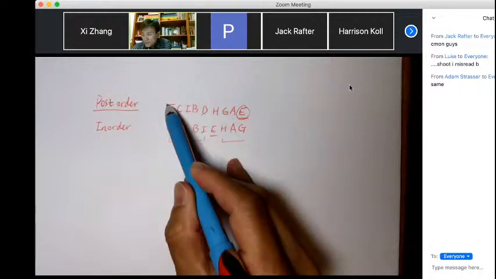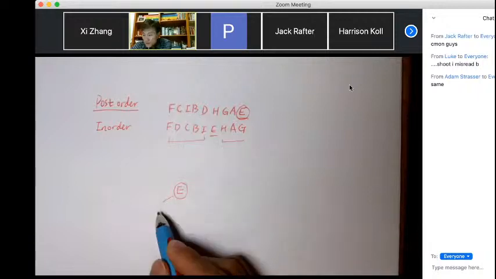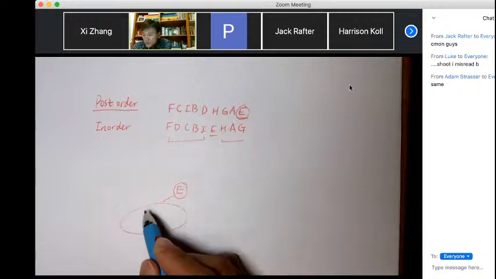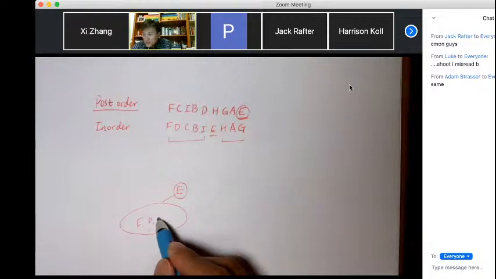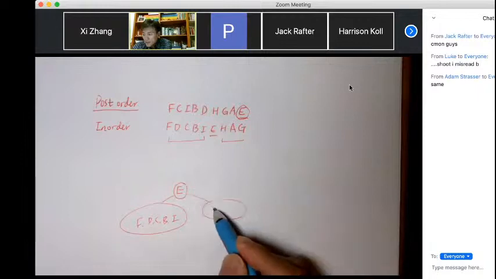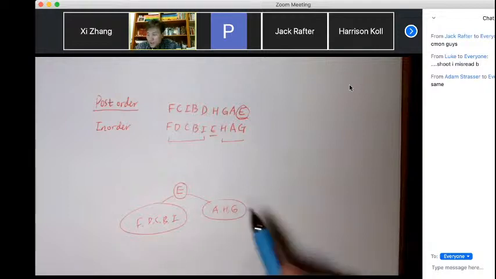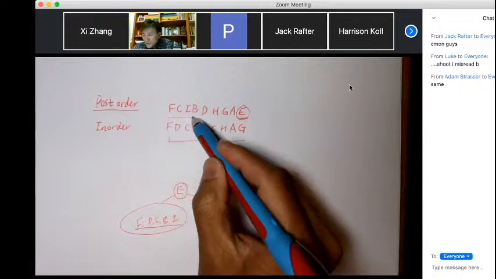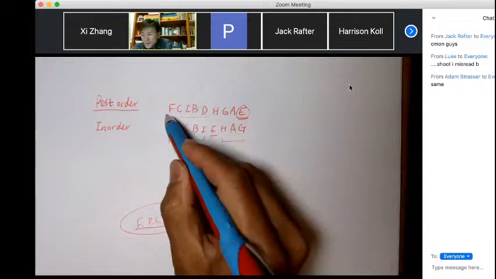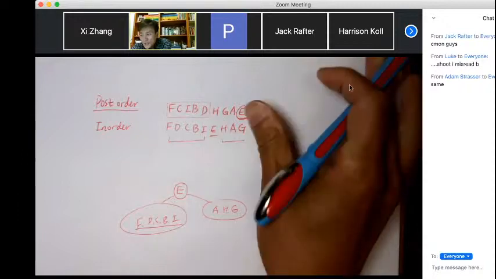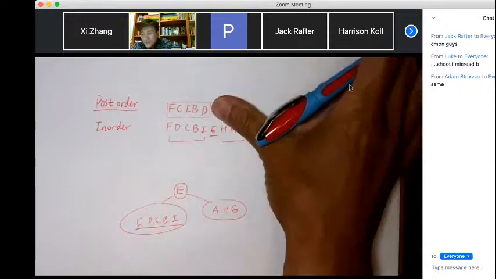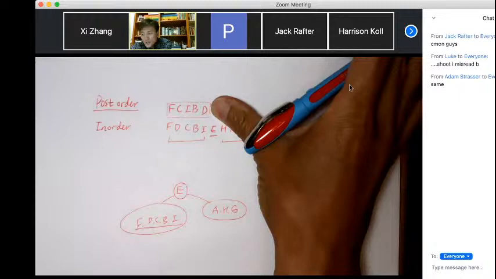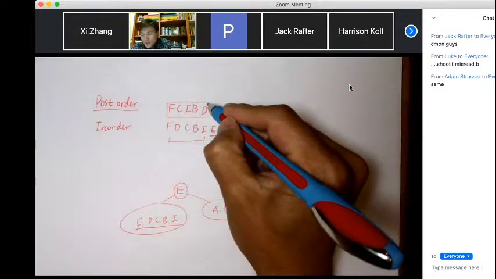So here, I don't know the structure of this yet, but I know F, D, C, B, I should be here, and A, H, G the right subtree. In terms of F, D, C, B, I, if you check the post-order, we ignore everything except those F, D, C, B, I. So it clearly says that in this example D should be the root of the subtree.